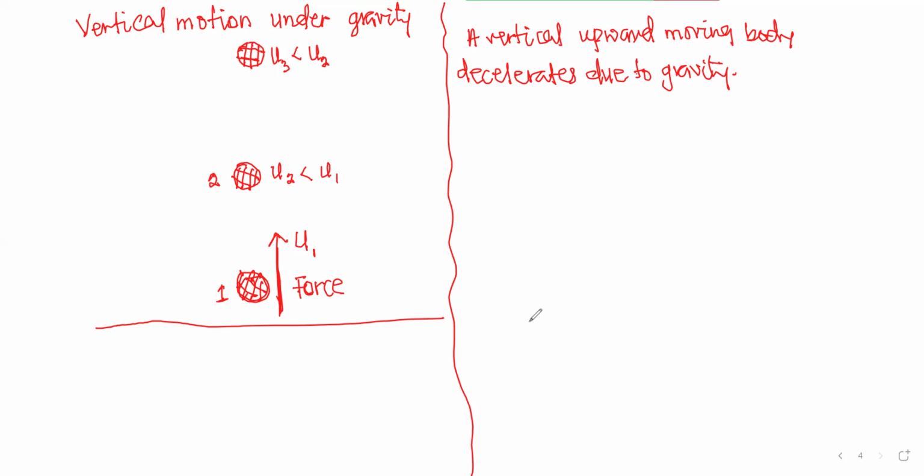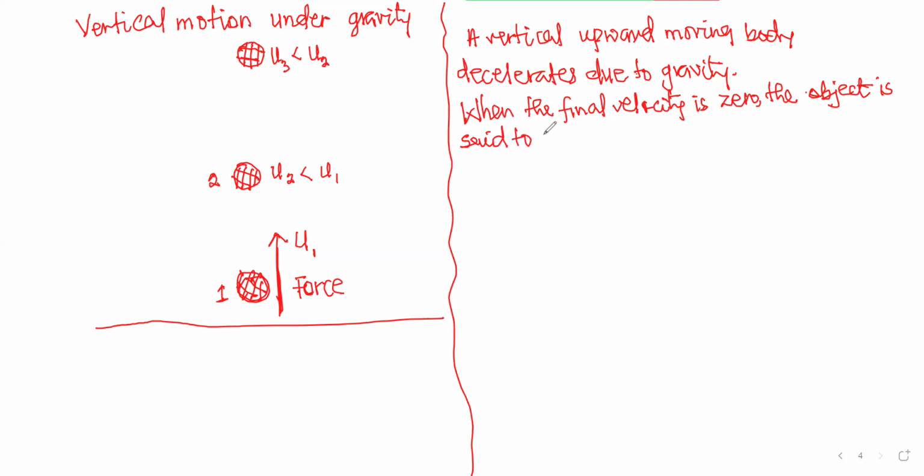So when the final velocity of the object is 0, the object is said to have reached its maximum height.